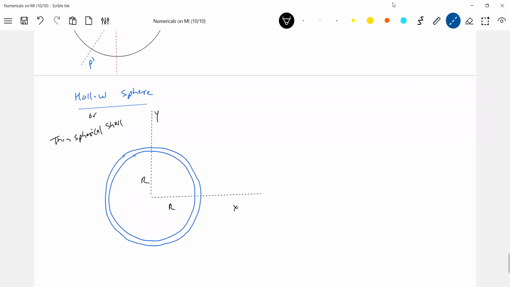So we'll go for any other axis passing through the diameter like this. So how much moment of inertia? Ix dash, Iy dash equal to 2 by 3 mr square.